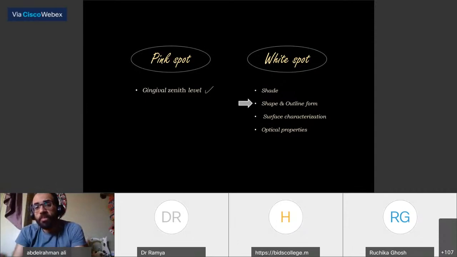And we have optical properties. The optical properties come from the color of the composite that you choose, and also from the surface characterization that you have done on the labial surface of your restoration.